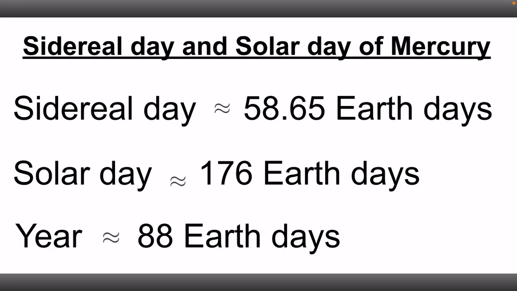A sidereal day, the solar day of Mercury. My last video kind of had this included in the presentation, but in case you missed that, a sidereal day is related to the stars, while the solar day is related to the sun.